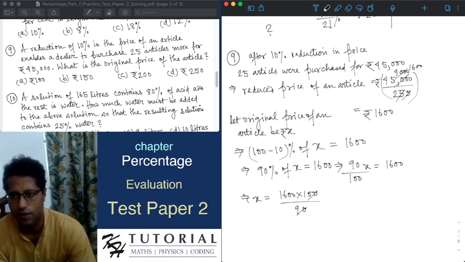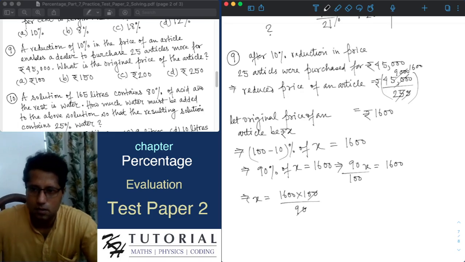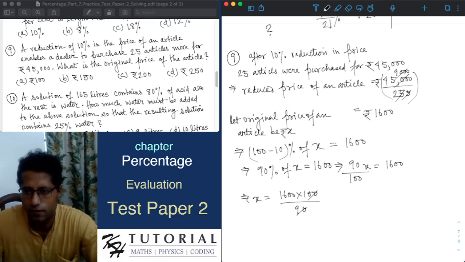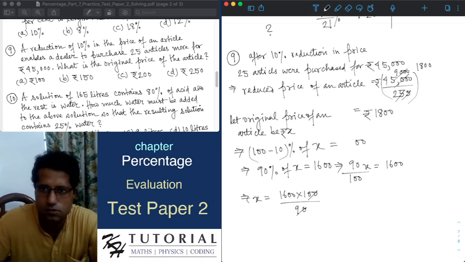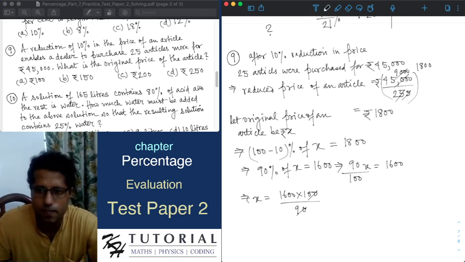Sorry, this is not 1600. This is 9,000 divided by 5, which is 1,800. So this is 1800.